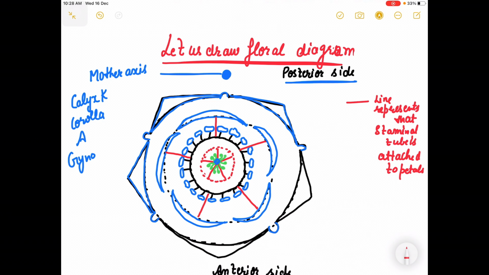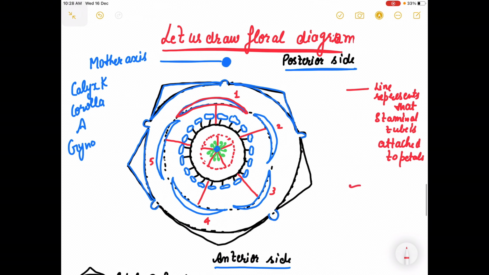Next is your corolla. Corolla is again, what is the number? 5. So as you can see, for corolla we are drawing this semicircular form. How many? 1, 2, 3, 4, 5. Which kind of estivation does the corolla have? Twisted estivation.